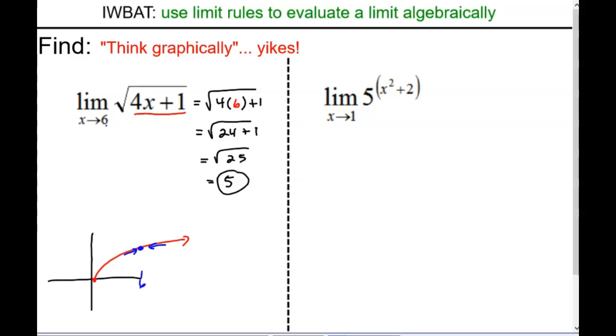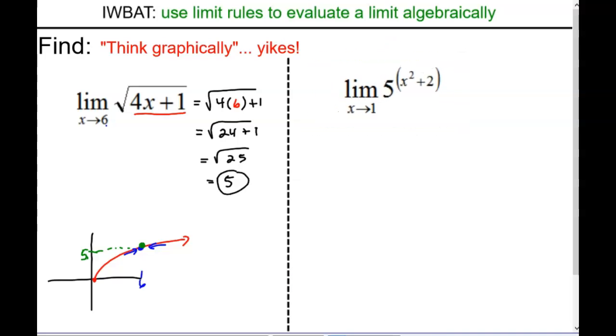The output, when x is 6, the output is going to hit 5. If this was an accurate sketch of my graph, oops, it's not. Definitely not. But if you were to graph it, you would see that the left-handed and the right-handed limits both approach the same value of 5.